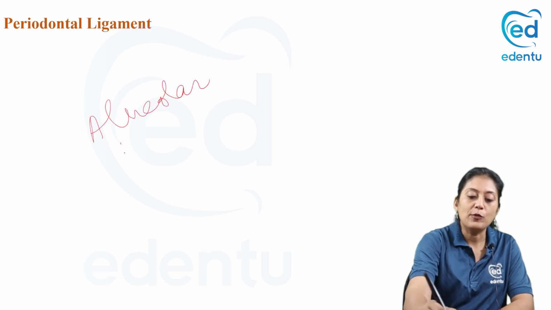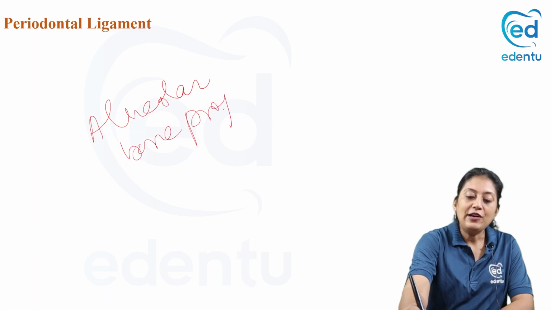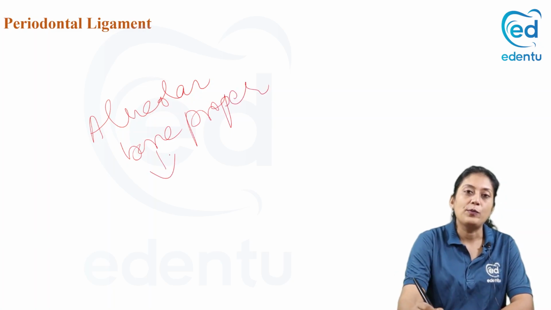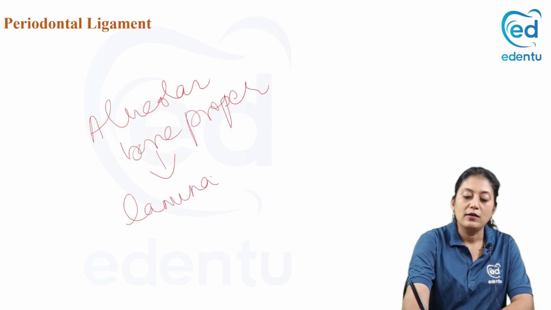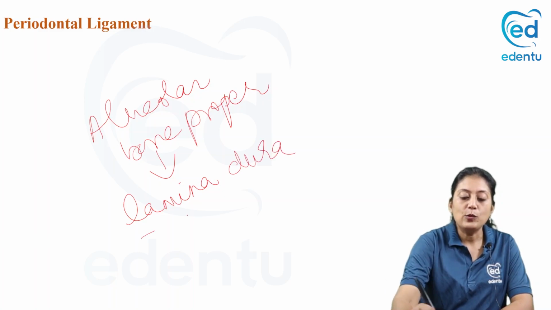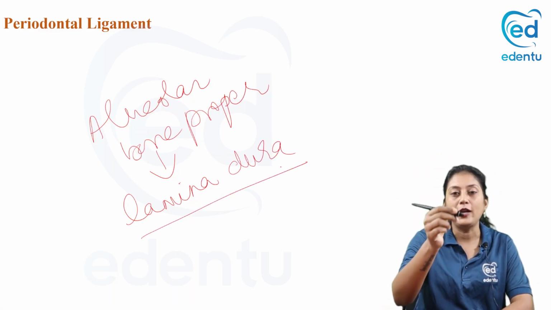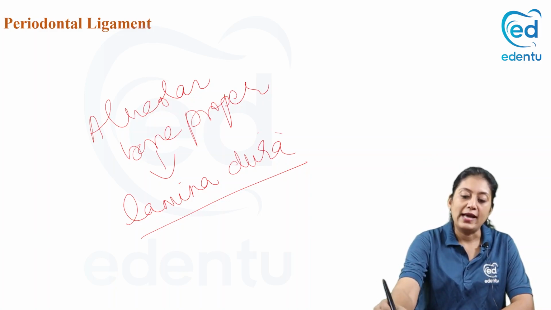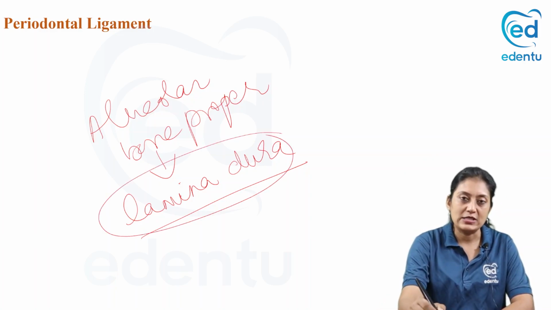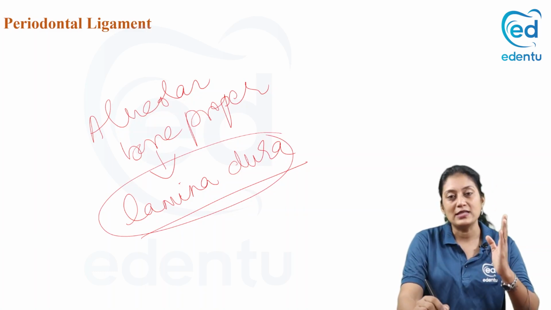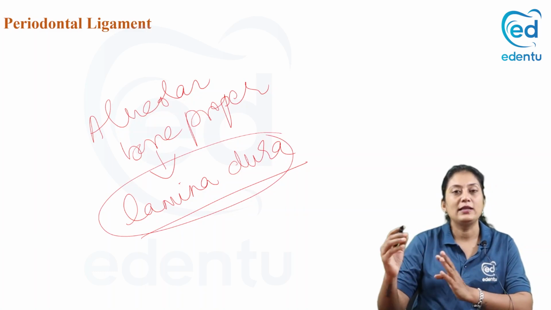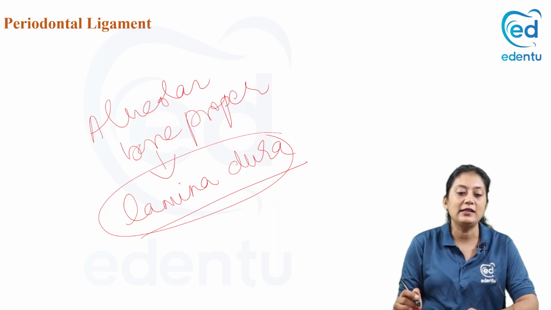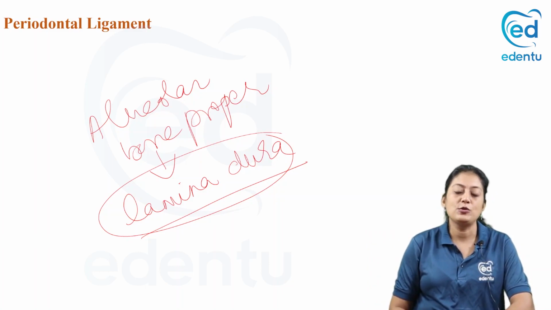Radiographically, this alveolar bone proper is called lamina dura. In a radiograph, you will see lamina dura as a thin radio-opaque line covering the tooth. So that is called lamina dura, which is nothing but alveolar bone proper. On one side you have alveolar bone proper, on the other side you have cementum. Connecting these two, that soft tissue is the periodontal ligament.